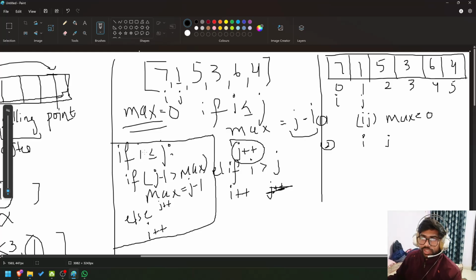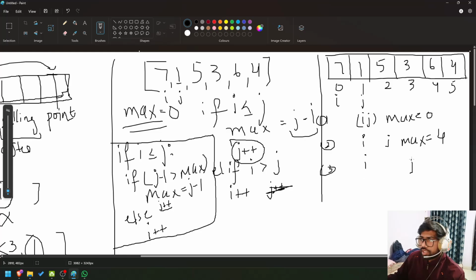The loop will run, and it will be like, is I less than or equal to J? Yes. Is J minus I greater than the max? Yes. So update the max. Max equals 4. Then we will check again for the third pass.